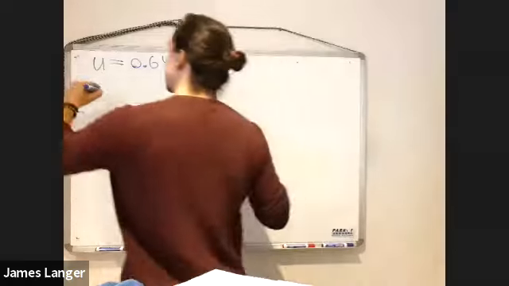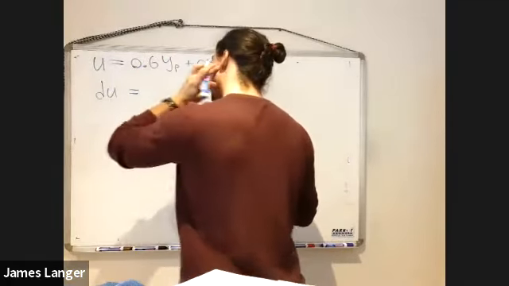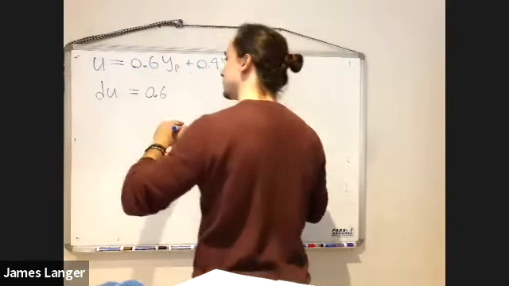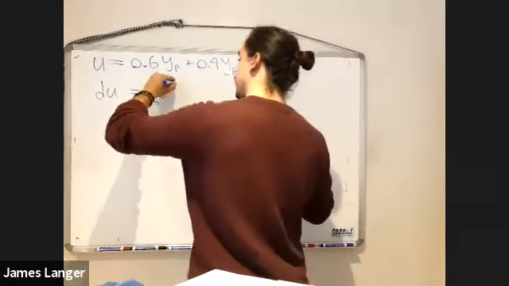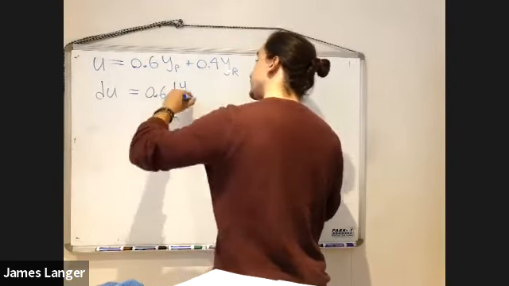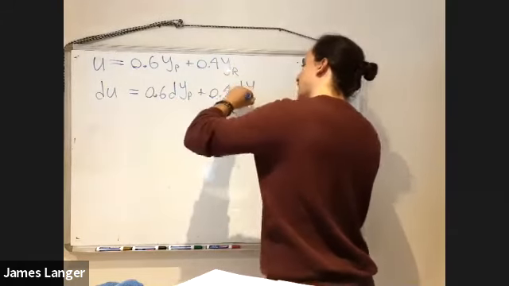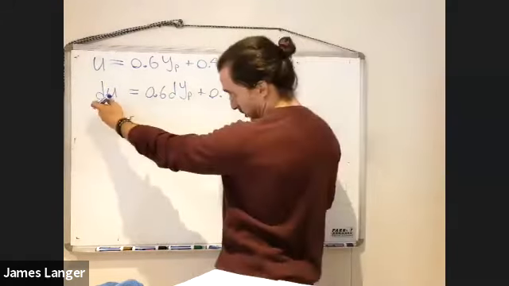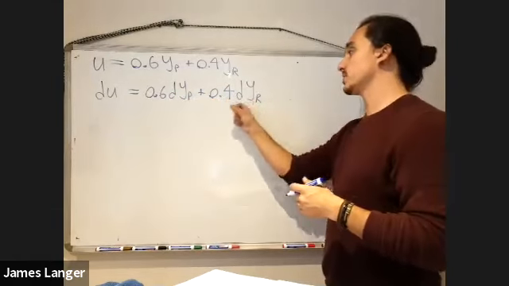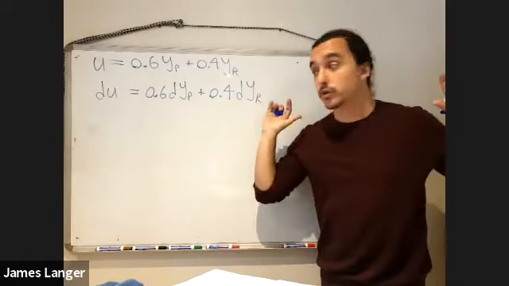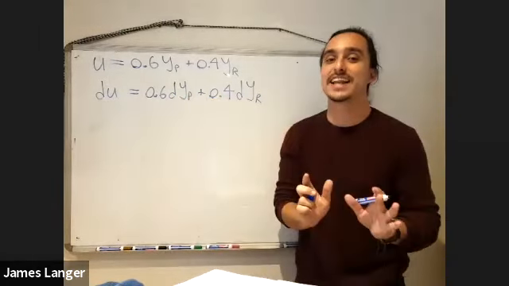So we say dU is equal to 0.6 dYp plus 0.4 dYr. So the change in utility is equal to 0.6 times the change in Yp plus 0.4 times the change in Yr. That's the best that I can give you in terms of these derivatives where it's not dU over d something.